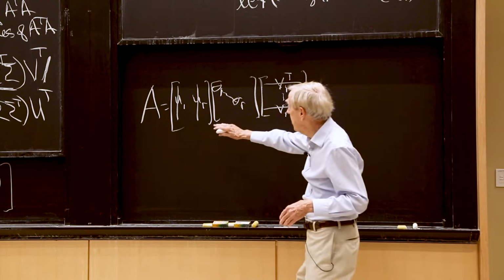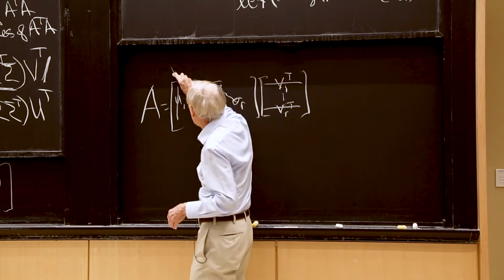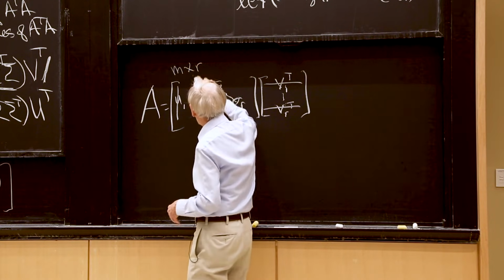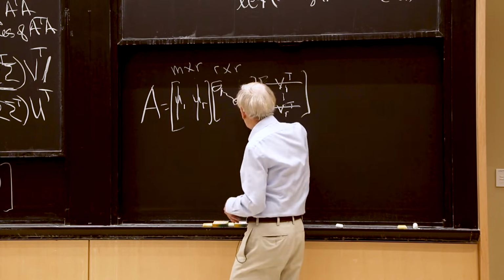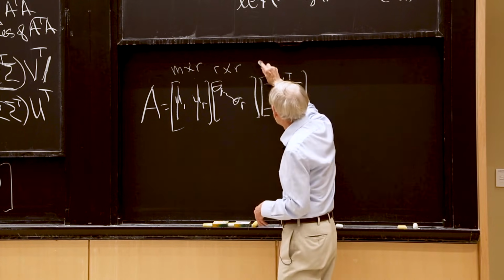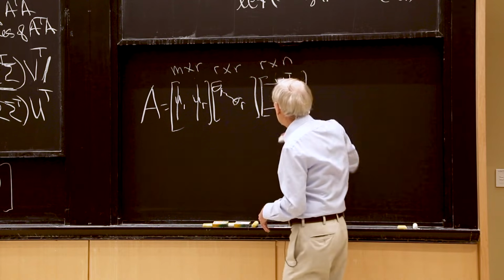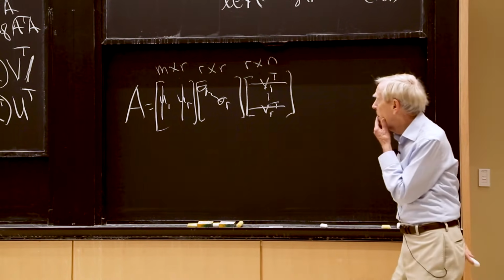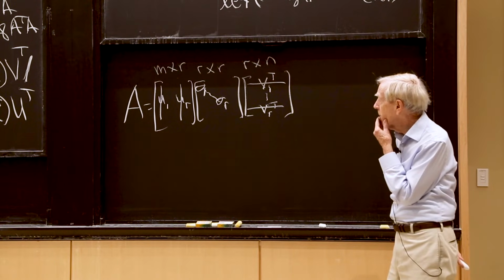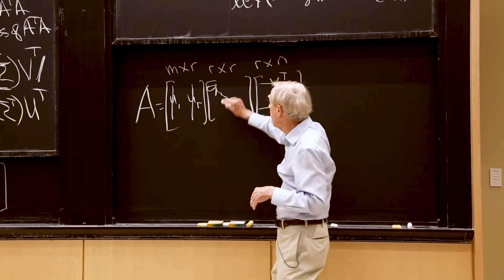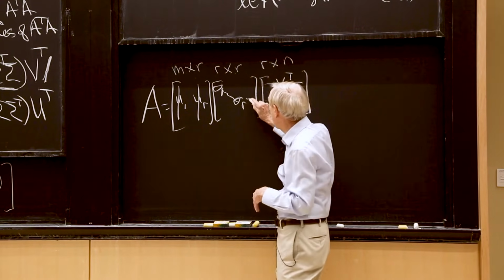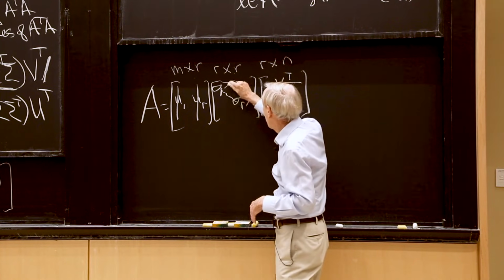So this would be the smaller one, M by R. This would be R by R. And these would all be positive. And this would be R by N. So that's only using the R non-zeros. All these guys are greater than 0.